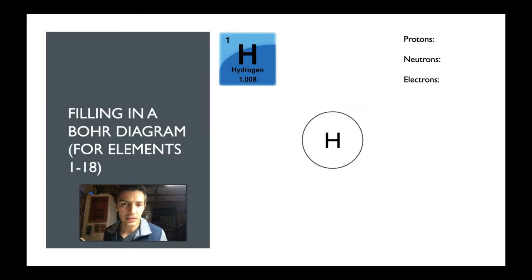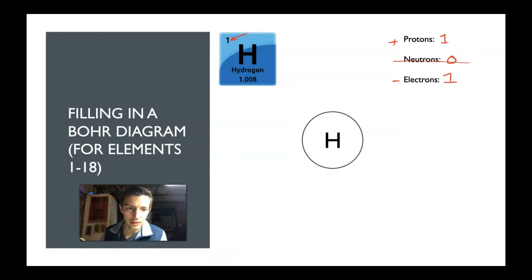So without going into a ton more detail, I think it's best to just show some examples here. Let's start off by showing the Bohr structure of hydrogen. Hydrogen has 1 proton, so that's important because when we're trying to draw electrons, we want to know how many protons there are because the electrons and protons should always match. There are no neutrons in this example, but the neutrons don't really matter so much for our purposes of drawing Bohr diagrams.